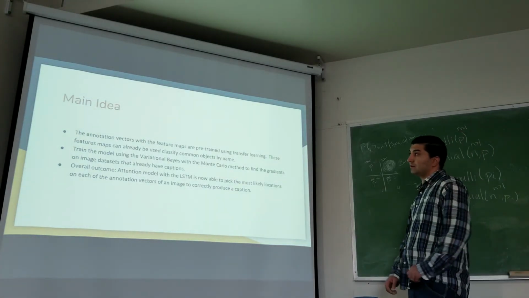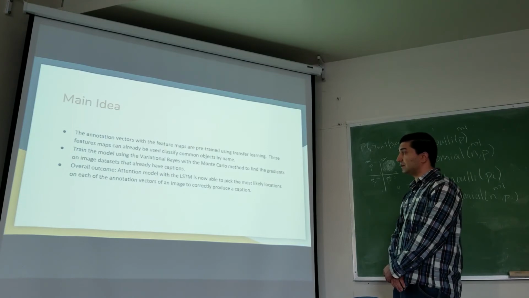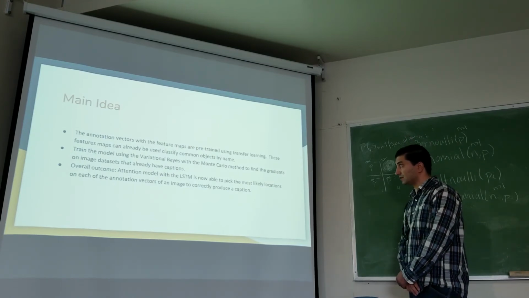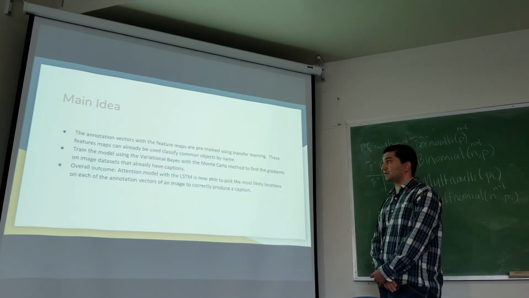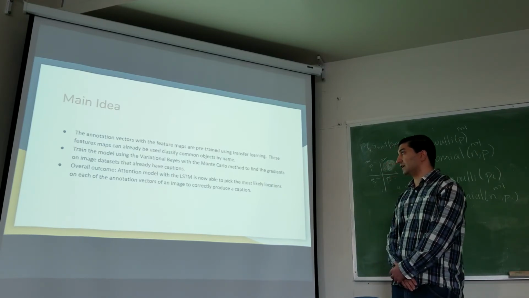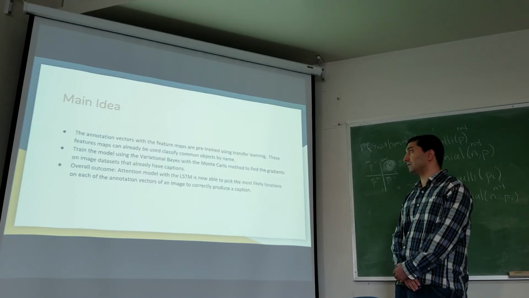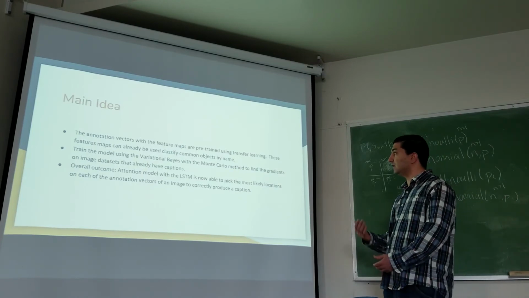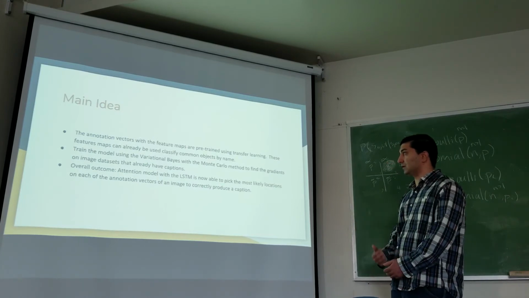Another main idea is the annotation vectors with the feature maps. These were already pre-trained using transfer learning. These feature maps can already be used to classify common objects by name. When we had one object, we could just classify it with the CNN, but here we had multiple different objects.